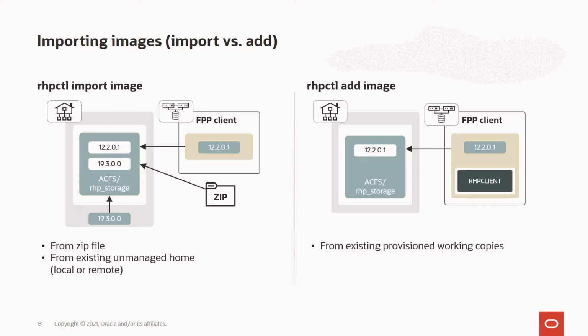Whereas if you are provisioning images everywhere, and then you are patching and importing back those working copies again, you are never sure if there's been any special patching or any special modification to the working copies. So it's better to have the control and do everything from the FPP server. But of course, this is just our recommendation. You are also free to have an external server to prepare your images if you wish.